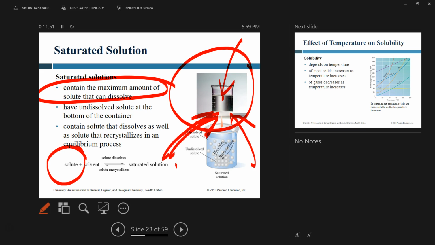Does that make sense? So say solubility is 100 grams per liter, and your solution contains 105 grams per liter. If you prepare that oversaturated solution slowly and carefully, what's going to happen? It's going to be all liquid.